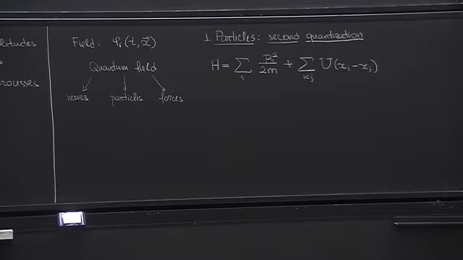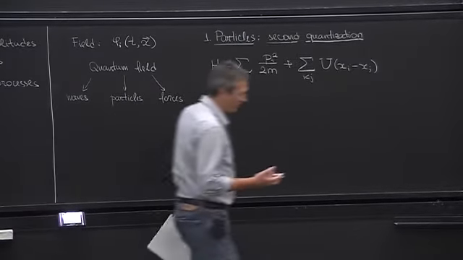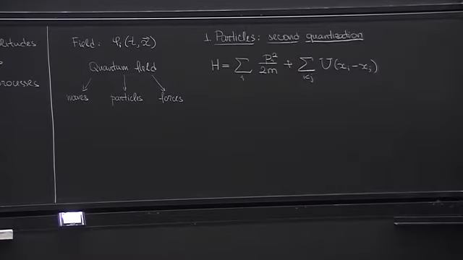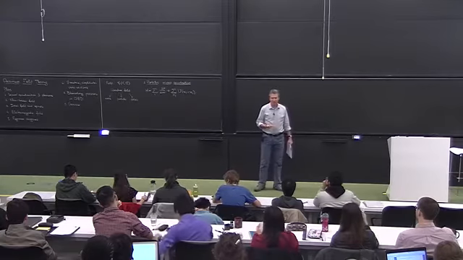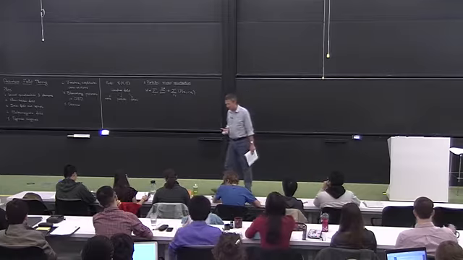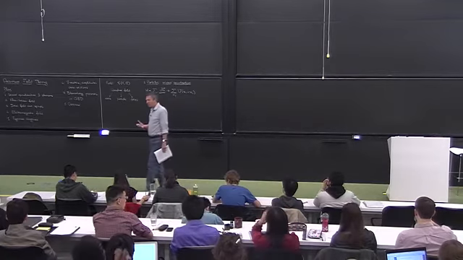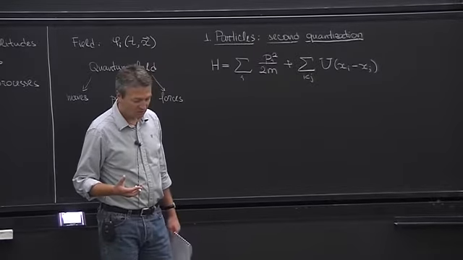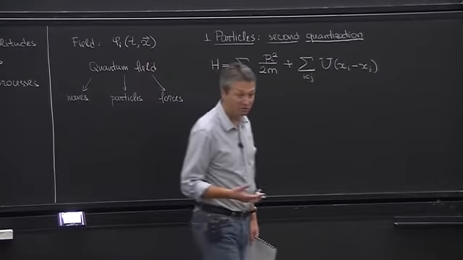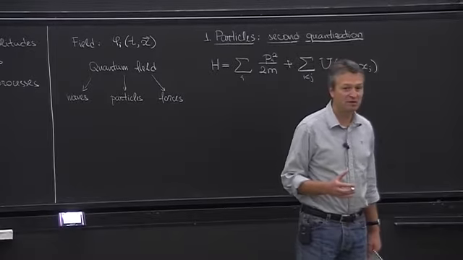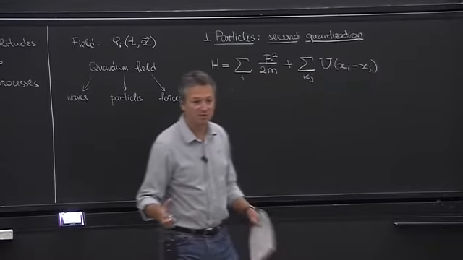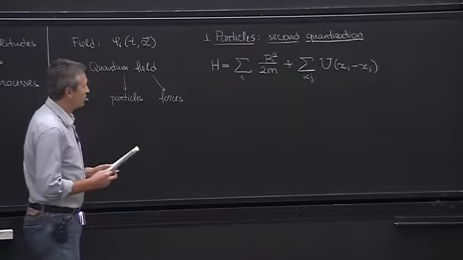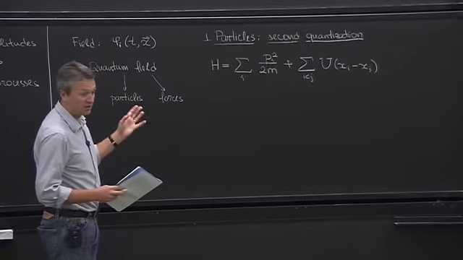So the idea is basically similar to what we do in statistical mechanics. If you have a lot of particles, it is useful to consider particle number as a variable. So consider the grand canonical ensemble instead of the canonical ensemble. And something similar we can do in quantum mechanics as well.